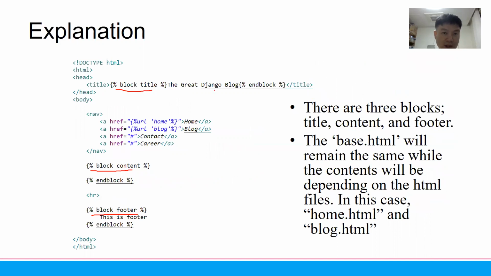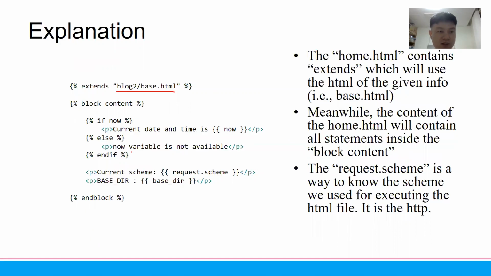So we have the title, we have the navigation bar, and then we have the footer, but no content. So how can we fill the content? The answer is, you can see that this home.html is using the format from the base.html.